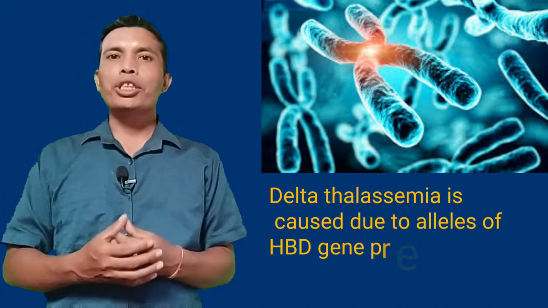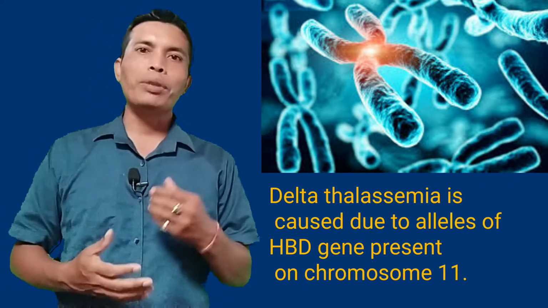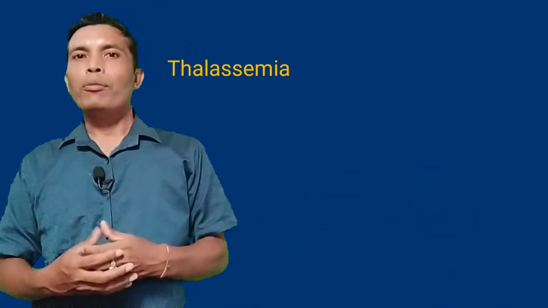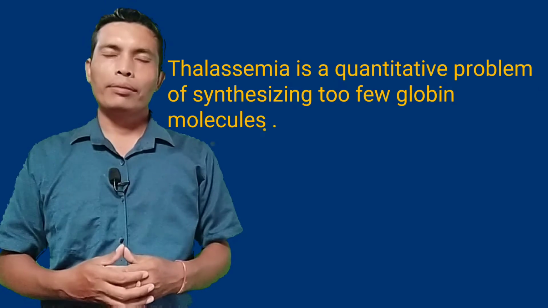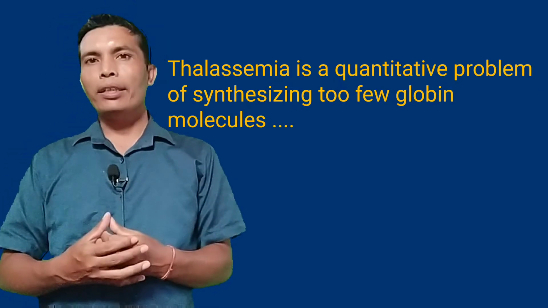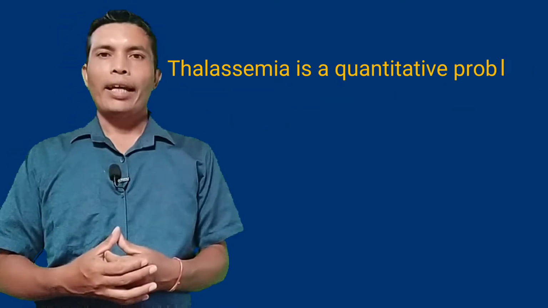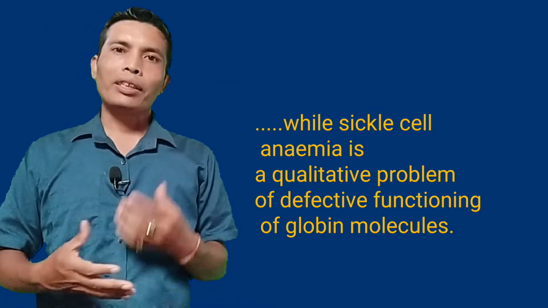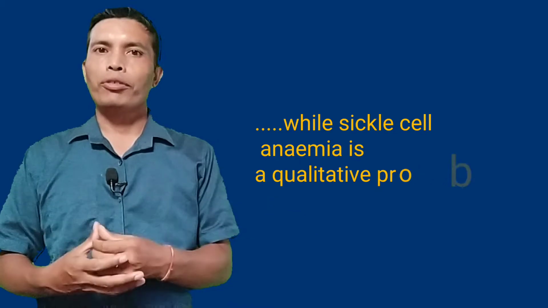Delta thalassemia occurs due to defective alleles of the HBD gene present on chromosome 11 that forms the delta chain of hemoglobin. Thalassemia is a quantitative problem and sickle cell anemia is a qualitative problem of defective functioning of globin molecules.